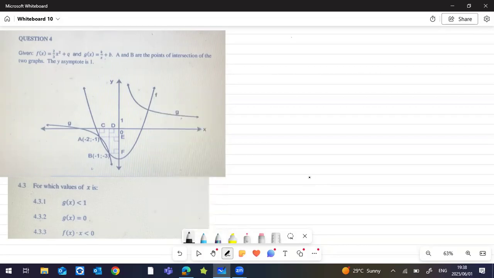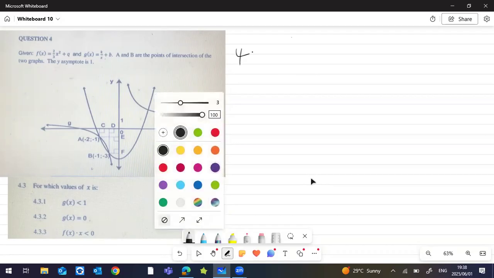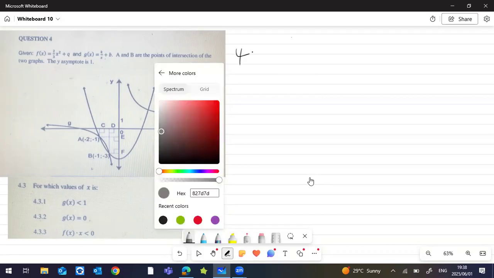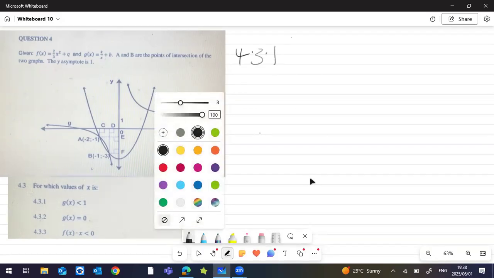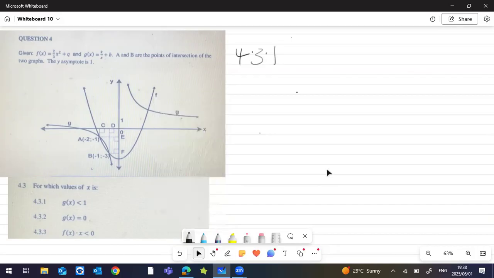Okay, let me just draw the hyperbola without the parabola just to look at how the graph will look. 4.3.1. I'm just going to take out the hyperbola. Let me just make this pen a bit thicker.